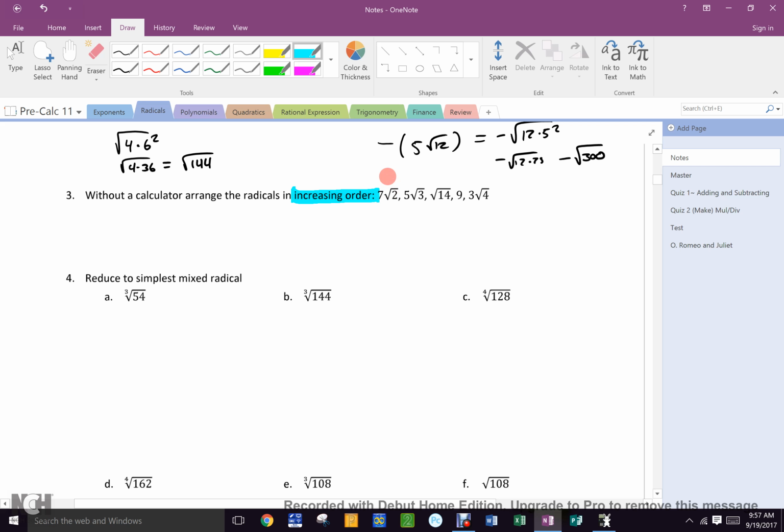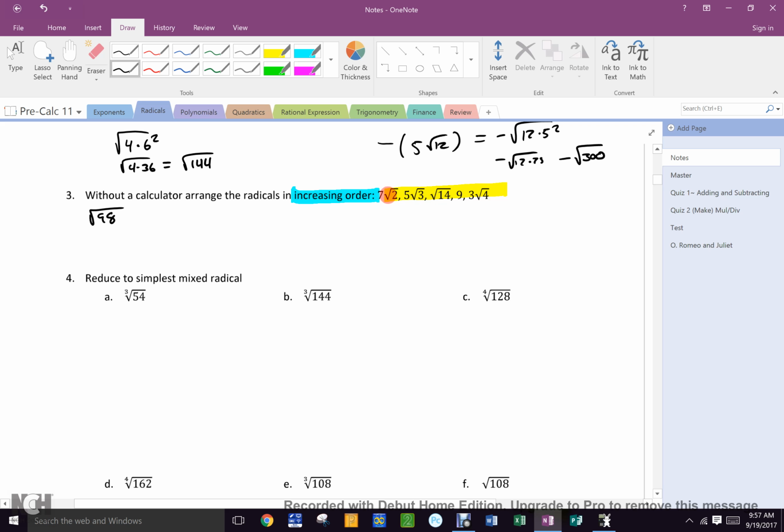What can you do to all of these to make it super easy to tell which is bigger and which is smaller? Convert them all to entire radicals, right? So that first one, if there's a single 7 out there, how many 7s were underneath? 2. So that is the square root of 98, right?